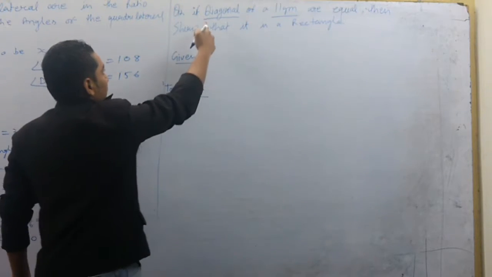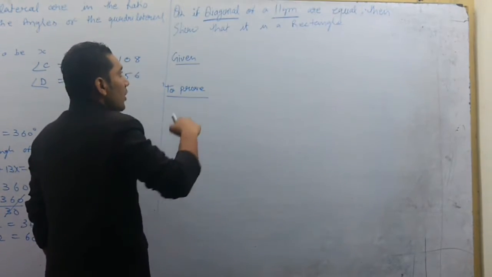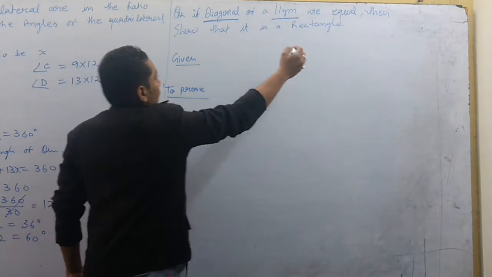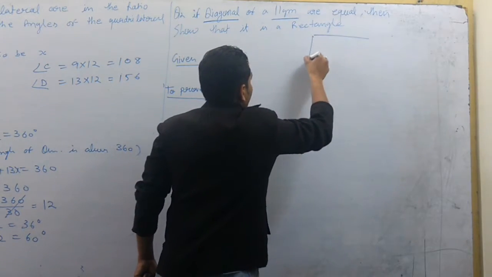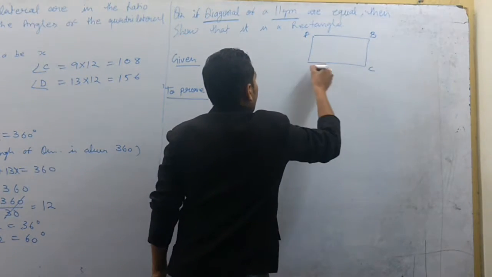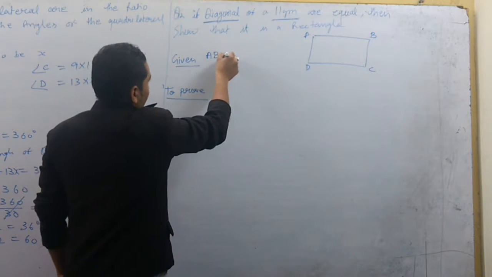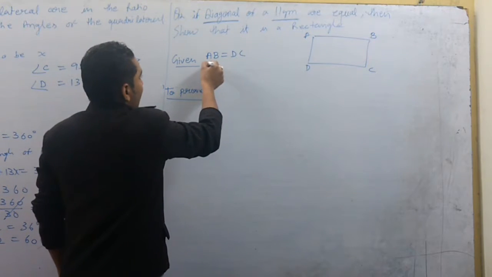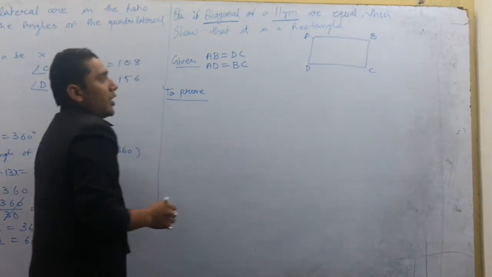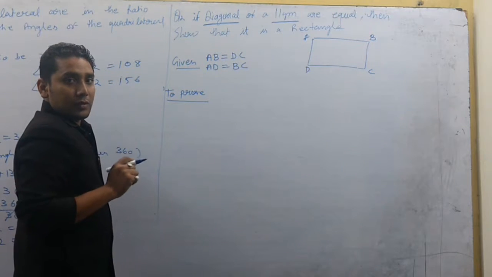What is given? Given is two things, diagonals and parallelogram. What is a parallelogram? If we let ABCD be the parallelogram, then we can say AB is equal to DC and AD is equal to BC according to the property of a parallelogram.